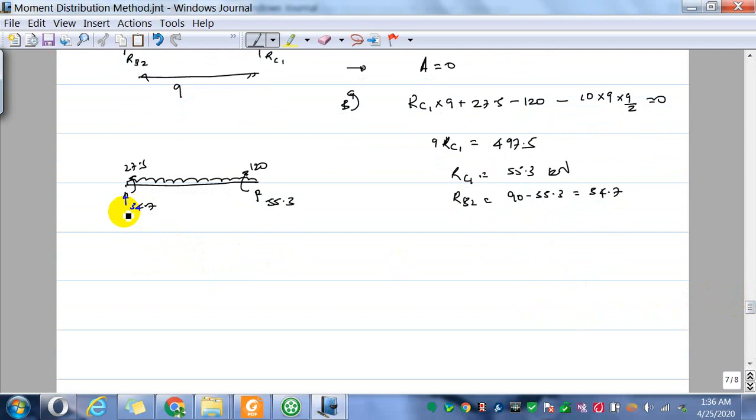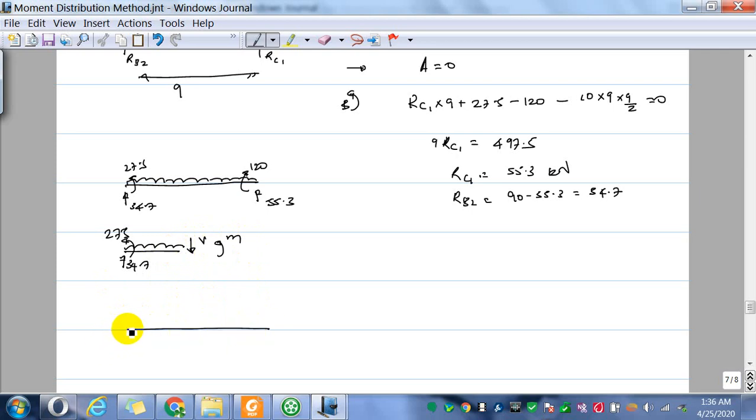So now we can take an arbitrary section, with 34.7, some load, and moment 27.5. So here V and M. If you take equilibrium equations and derive an equation for V and M, you will get the equations for shear force and bending moment.